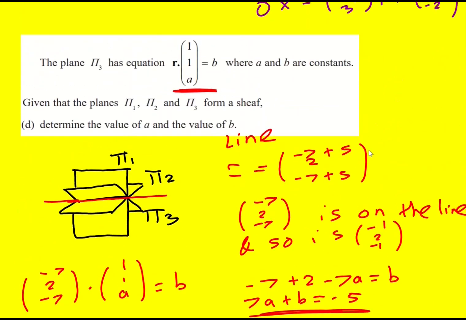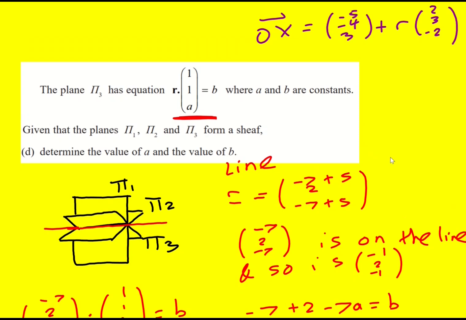So there is actually a slightly quicker way to do this question. I've realized now why I wrote the line down. Yeah, I wrote the line down when I did the question, then I went on this other path because I was like, I'm not quite sure what to do. But if I write it back as (-7, 2, -7) plus s times (1, 0, 1).